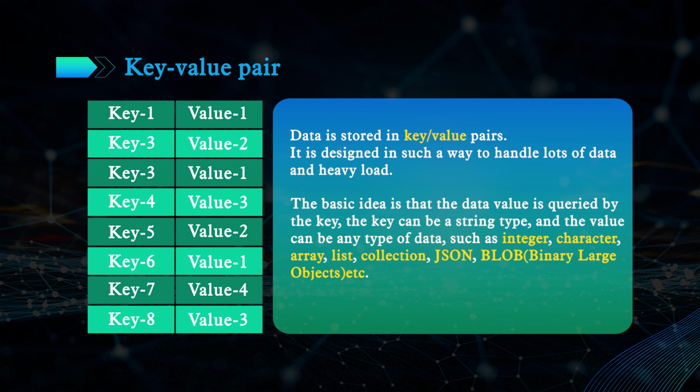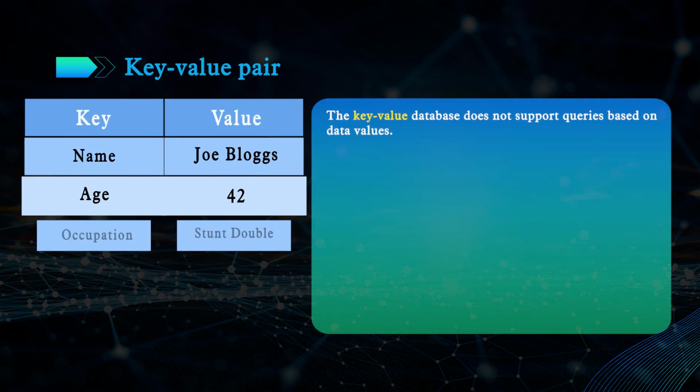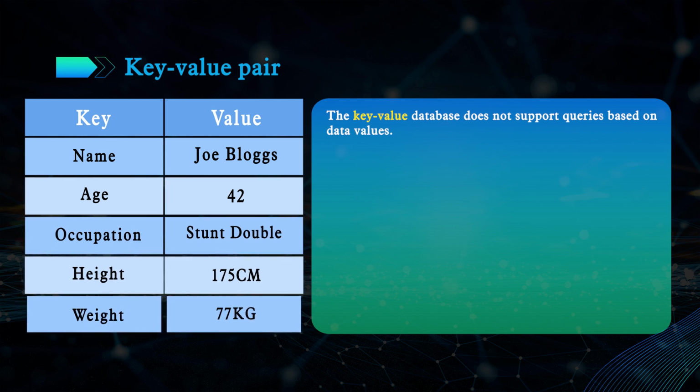The key can be a string type, and the value can be any type of data, such as integer, character, array, list, collection, JSON, BLOB (binary large object), etc. The underlying structure can use a hash table to index and manage the key to support faster query. But the key-value database does not support query based on data values.